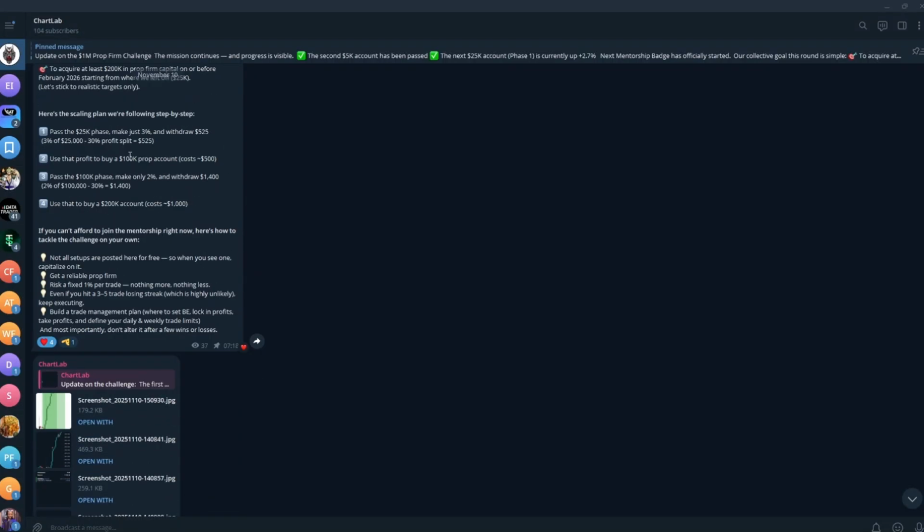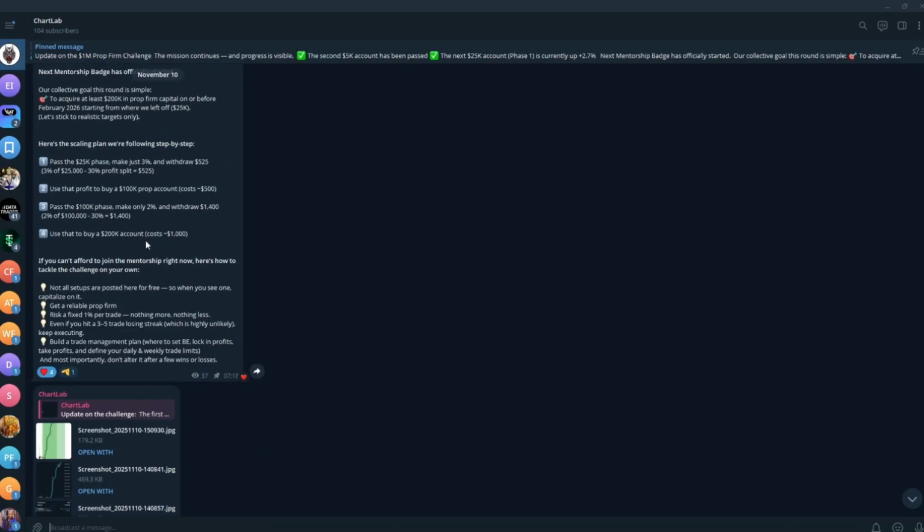And the goal we are looking to do is to pass the 25K and make just 3% and withdraw this amount. This is the math here. And we're going to use the profit to buy a 10K at the 100K account, which will cost $500, then use it to pass it. And the goal of this next 3 months is to make 200K in profit funding, right?